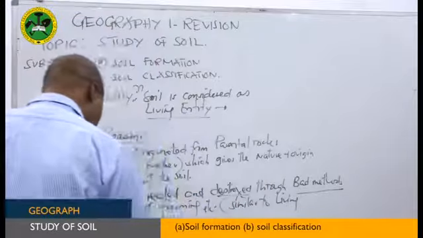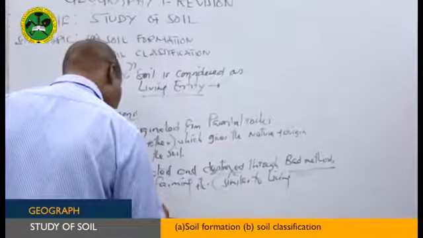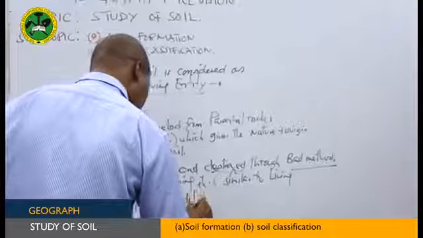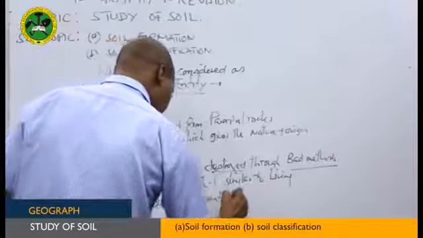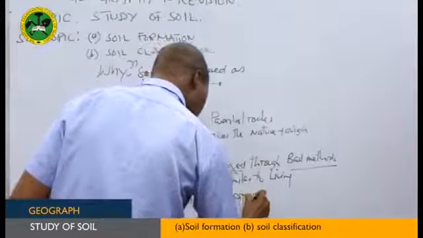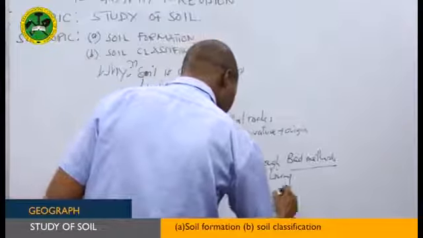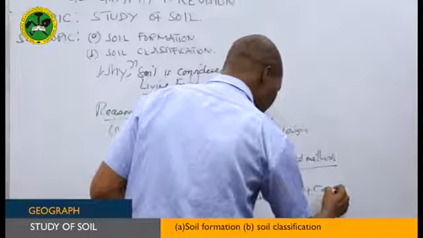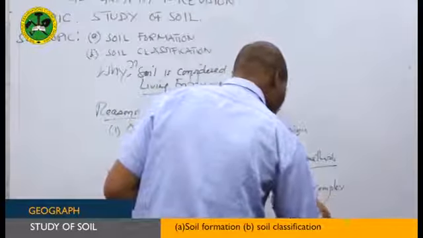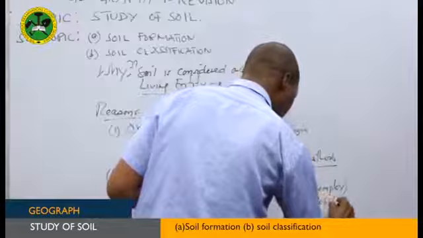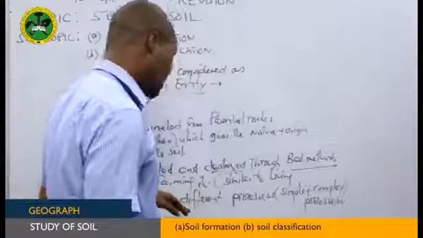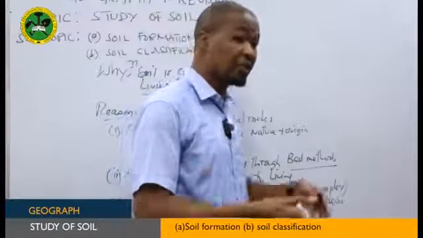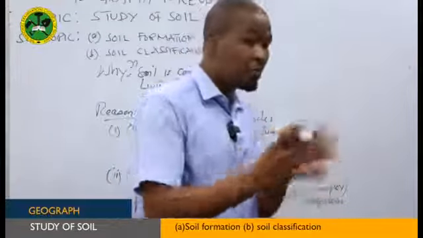Then we say soil passes different processes, where we are talking about the simple and the complex processes in its formation. You see, soil has a history, and it comes from simple to complex processes.